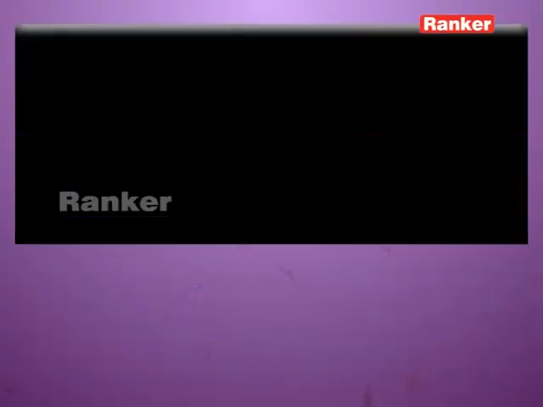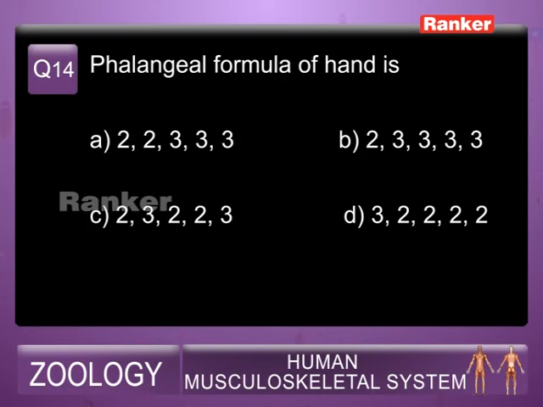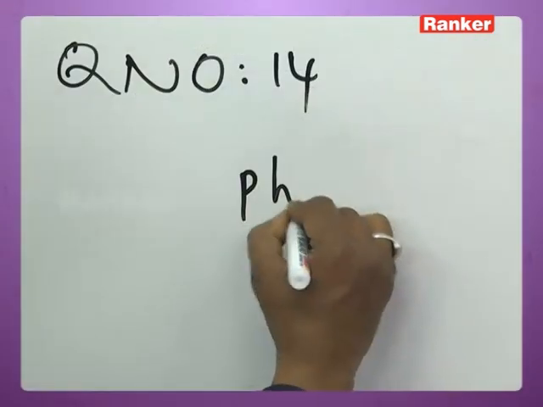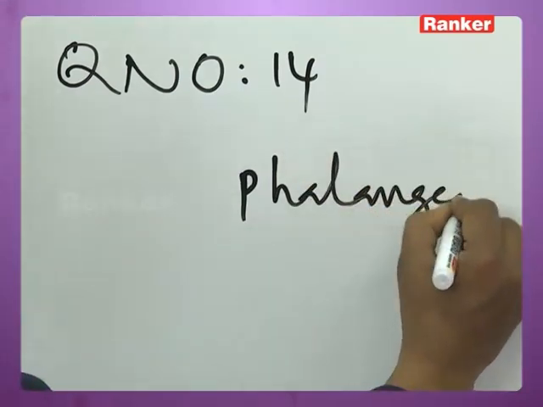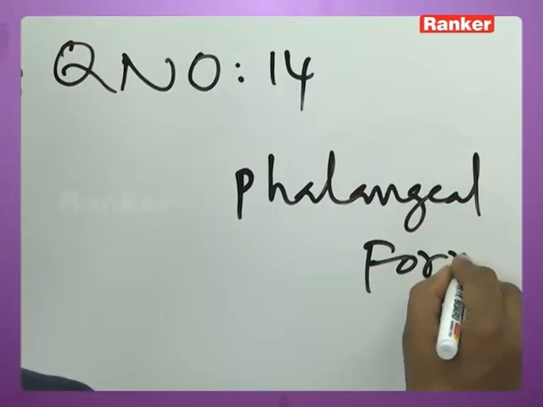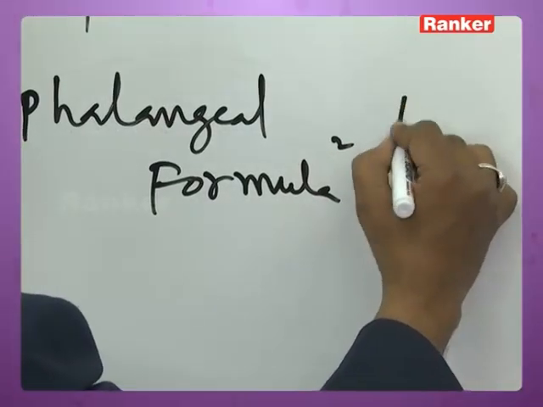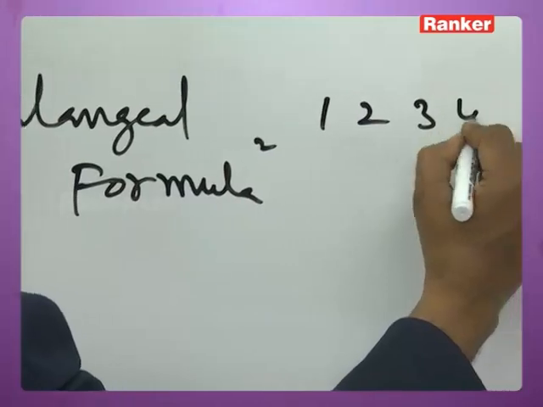14th question is here. Phalangeal formula of hand is A. 2, 2, 3, 3, 3, B. 2, 3, 3, 3, 3, C. 2, 3, 2, 2, 3, D. 3, 2, 2, 2. What is phalangeal formula? Phalangeal formula always tells us about fingers. That is, in human being, five fingers are present: 1, 2, 3, 4, 5.